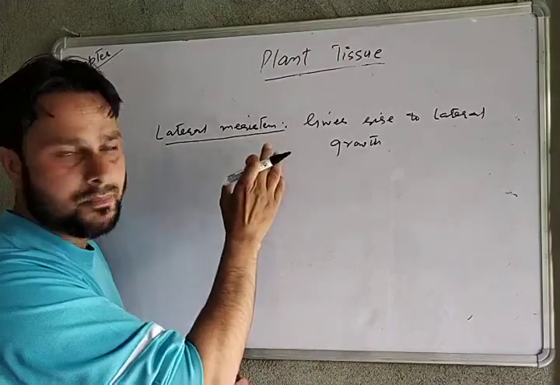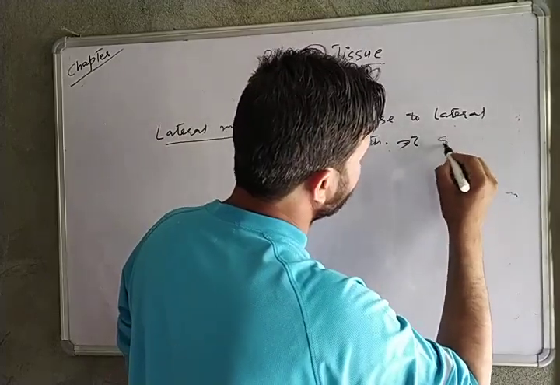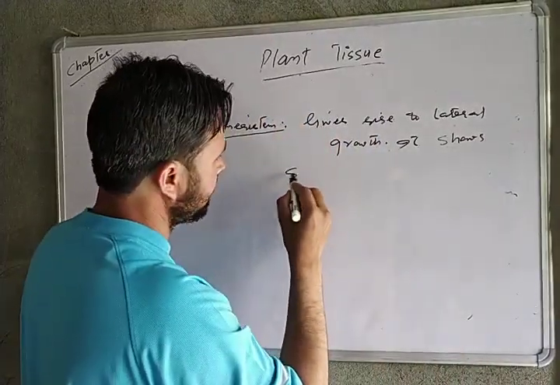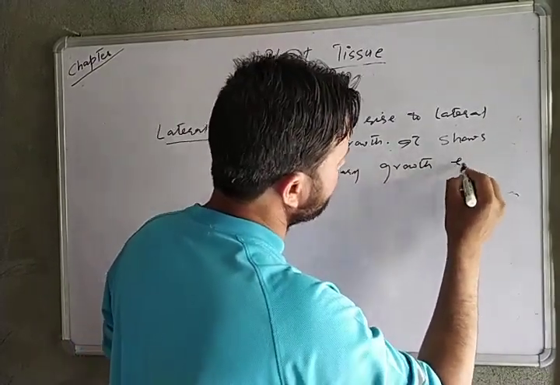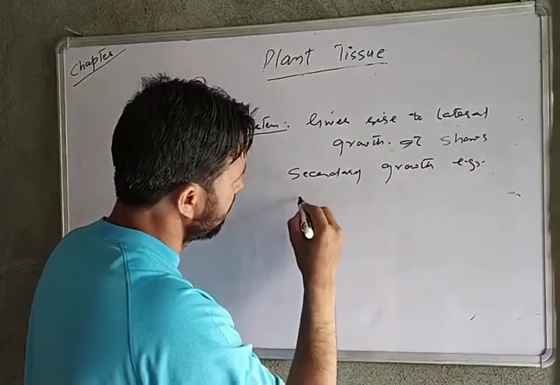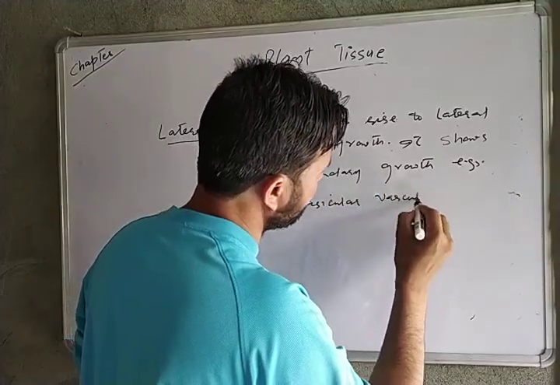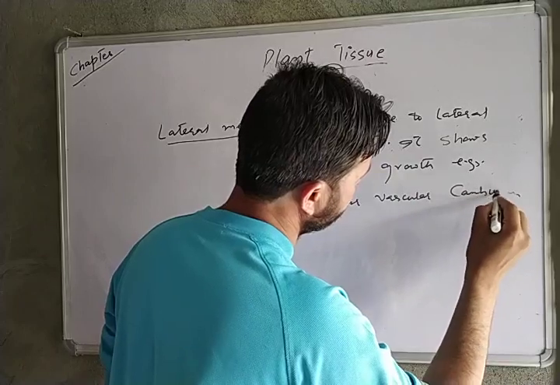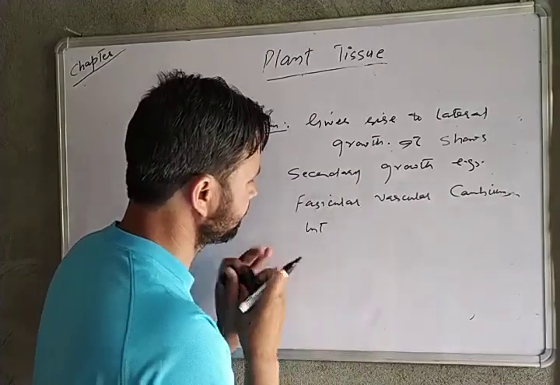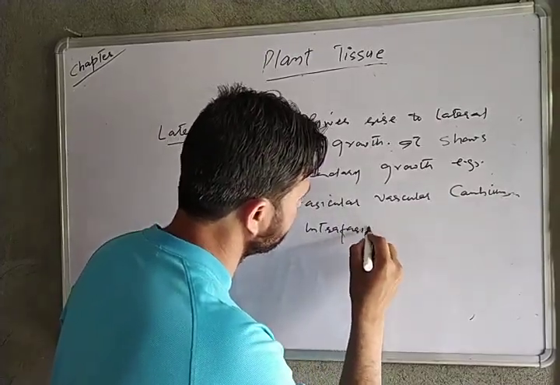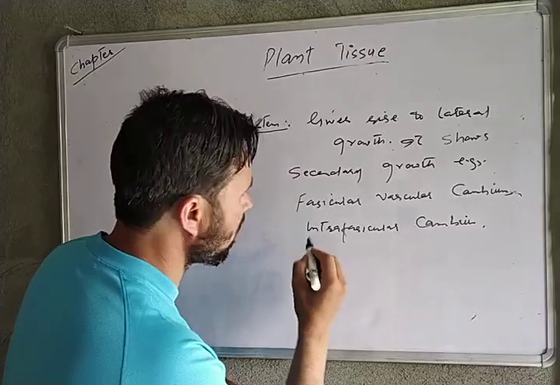This lateral meristem shows secondary growth. For example, vascular cambium, intrafascicular cambium, cork cambium.